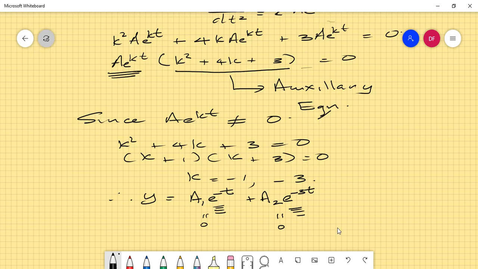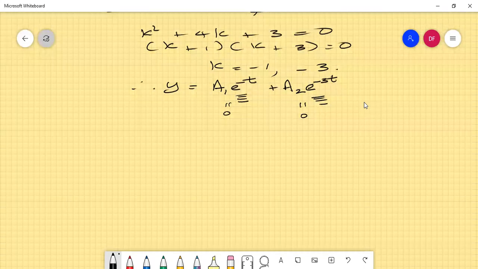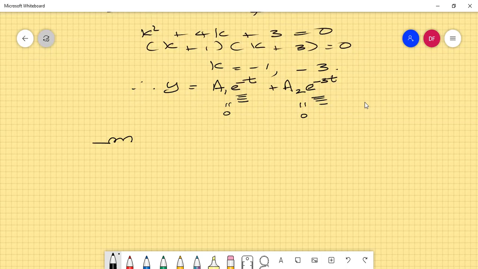So we are in electrical engineering. Let me just write down: when you have an inductor, L, what's the voltage-current relationship?